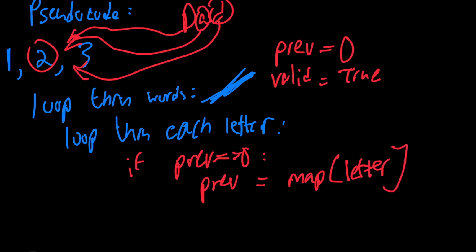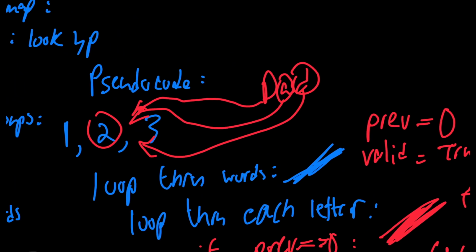Now what this code basically does is, the first letter of each word will set the previous value. So looking back at dad here, sorry, this is becoming kind of crazy and might be hard to read. This will set previous to 2 because it's the first letter in the word. The previous will be set to 2.